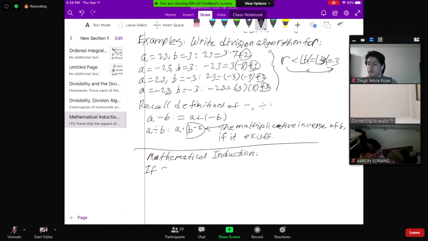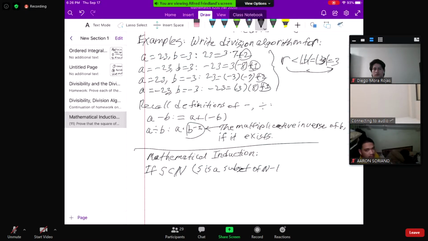It says, if, say, S is a subset of this fancy N. What does that mean?